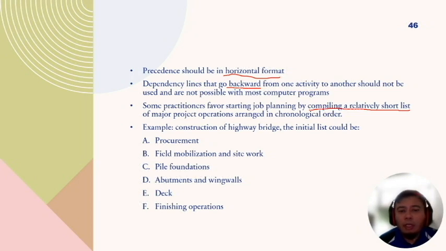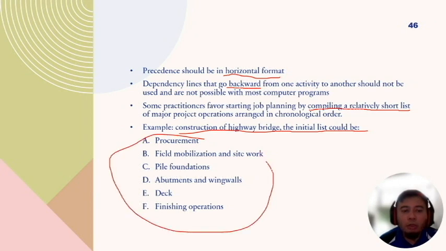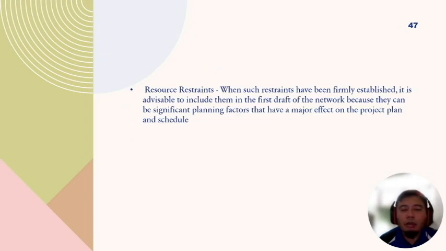For example, construction of a highway bridge, the initial list is the major components. This is the initial short list, and then you can further detail out the list of jobs.